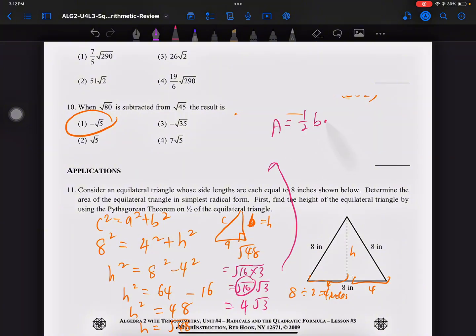So half, our base is 8, height is 4√3. Then we multiply this, so we will get 4 times 4√3. Then the area, we multiply this with this, it is 16√3.